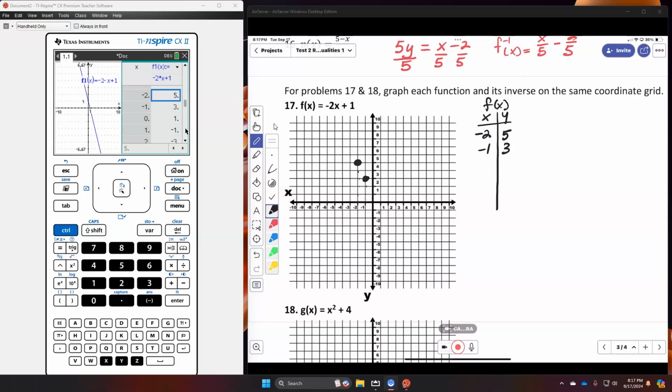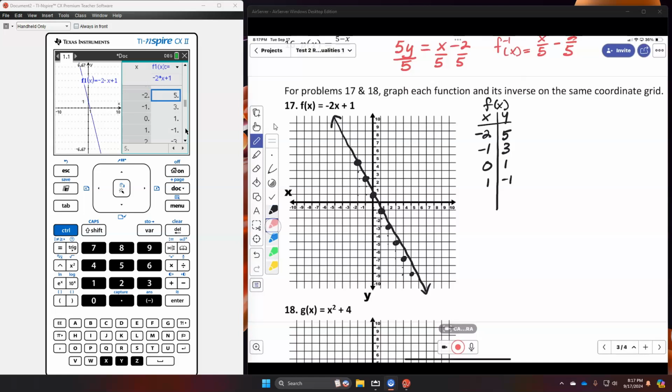Then we have 0, 1. The next one is 1, negative 1. So you notice the slope is down 2 over 1, down 2 over 1, down 2 over 1. Connect the points and draw yours better than mine.